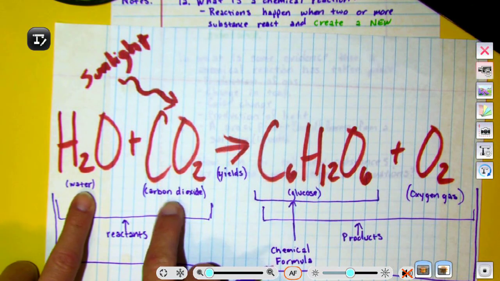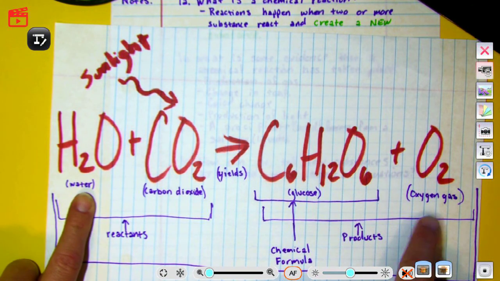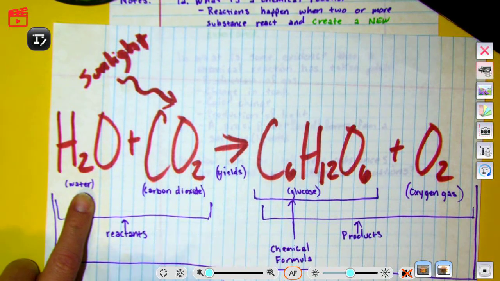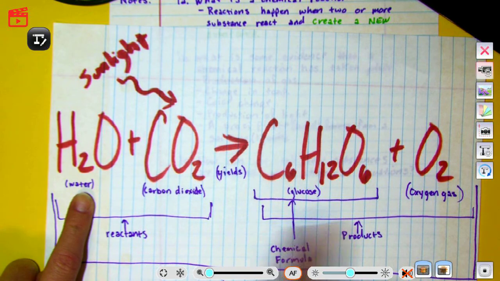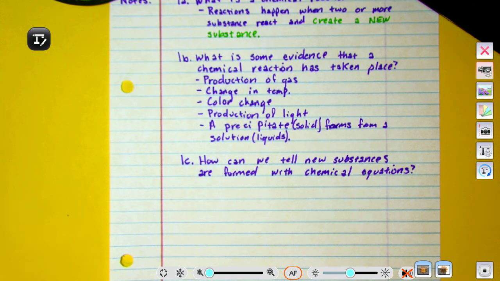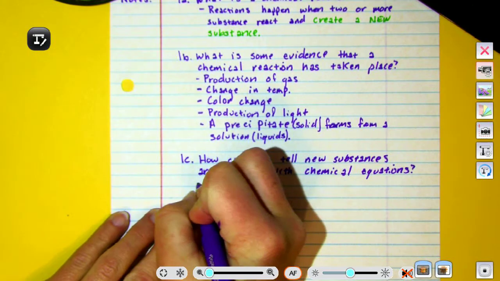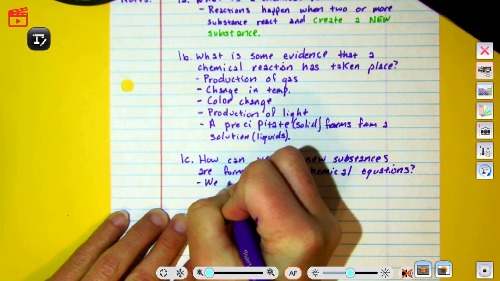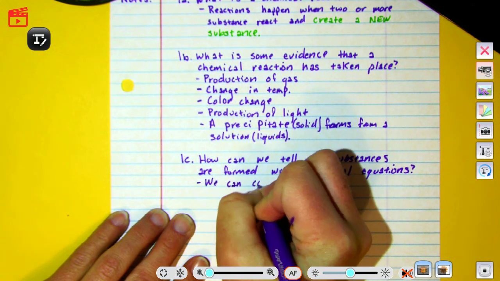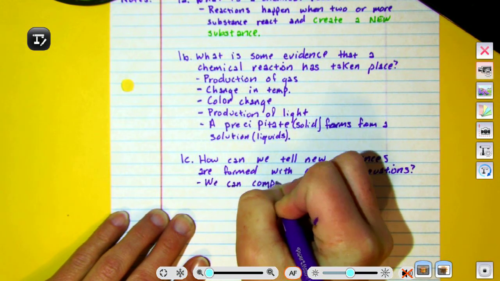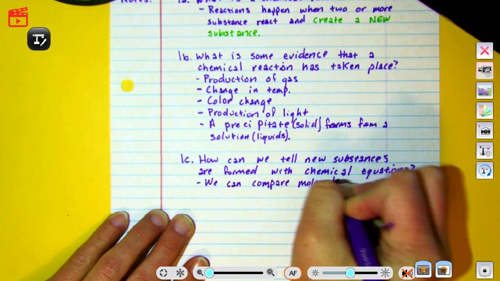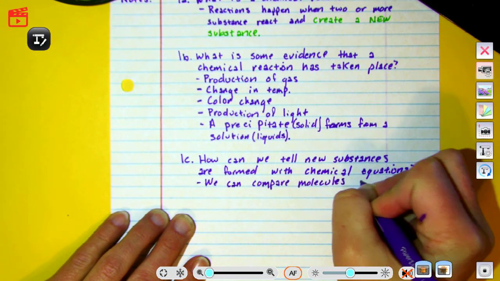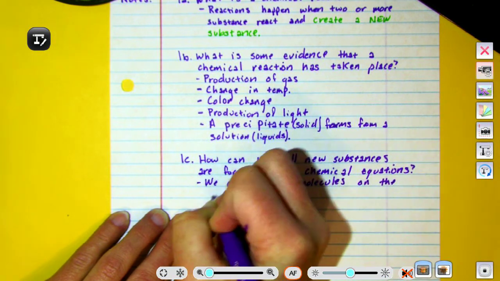The elements are still the same. We still have carbon, hydrogen, and oxygen over here, which is what we started with, carbon, hydrogen, and oxygen over here, but we rearranged them into new substances. All right, so our answer on here is we can compare molecules on the reactant side.